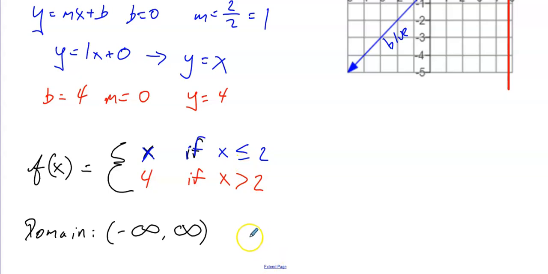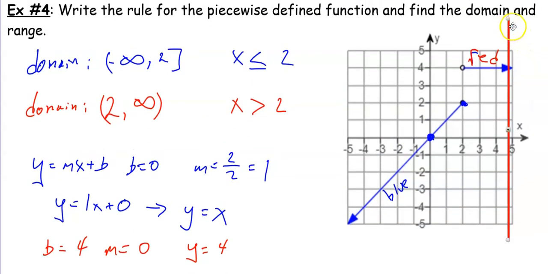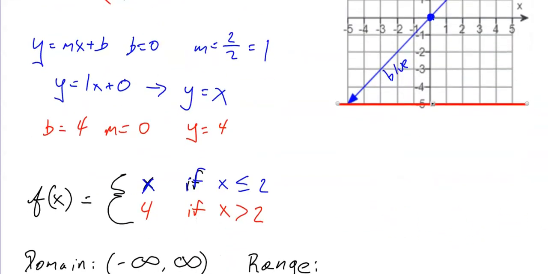Now we need to find the range. The range is listing the output values from bottom to top. If we look at our graph, instead of drawing a vertical line, you can do this with a pencil or a pen, and draw a horizontal line. Up right there, it exists. It starts existing way down at the bottom of the graph. What's way down at the bottom of the graph called?